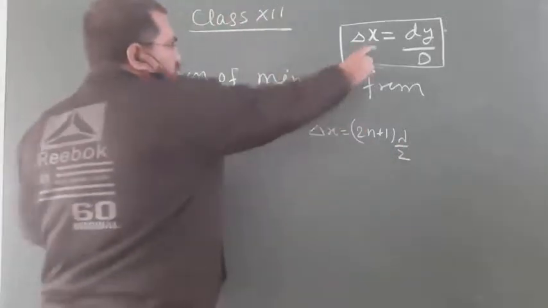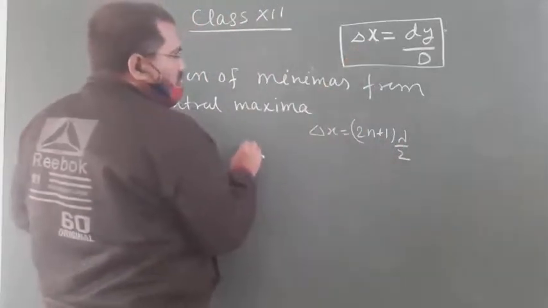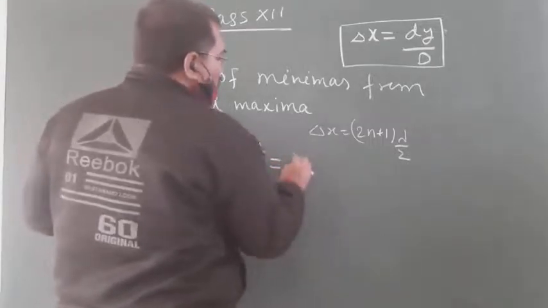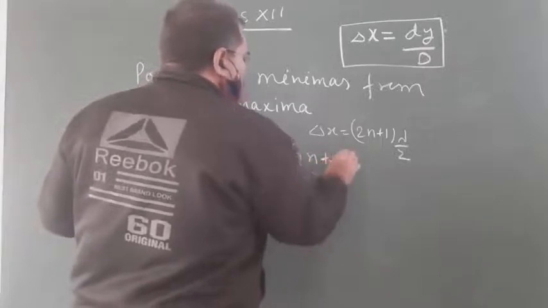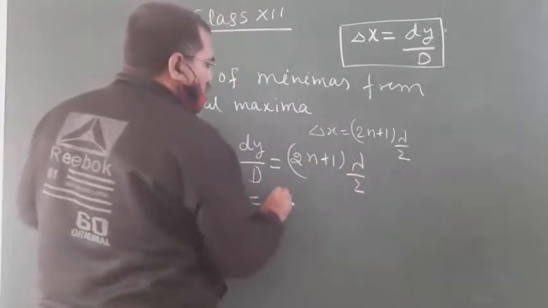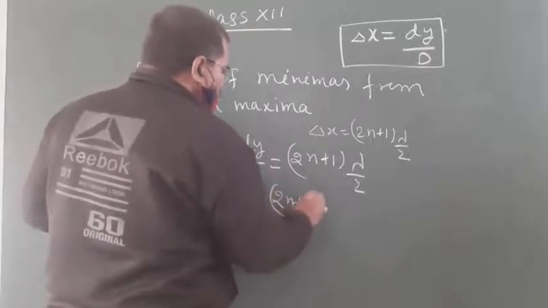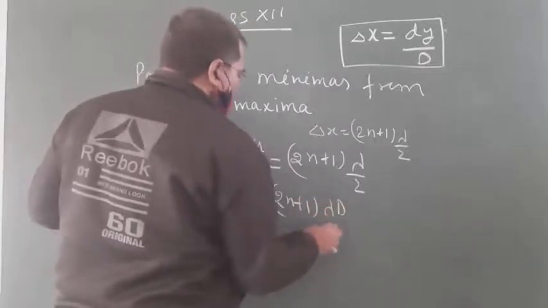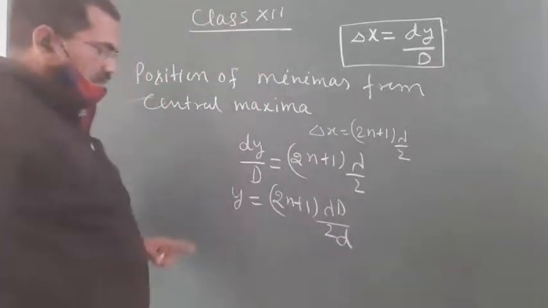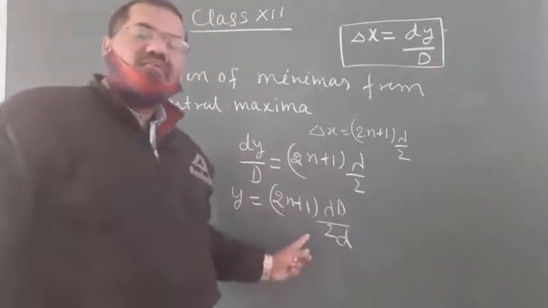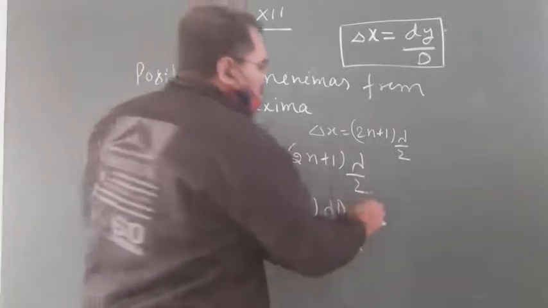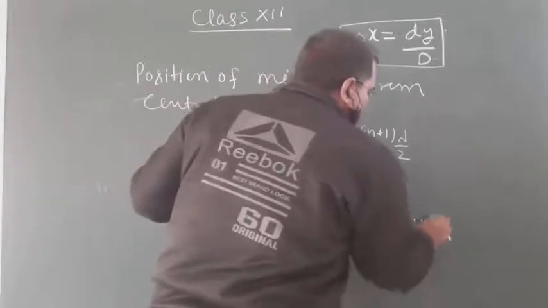So put this value in this equation: dy by D is equal to (2n plus 1) lambda by 2. So y equal to (2n plus 1) lambda D by 2d.